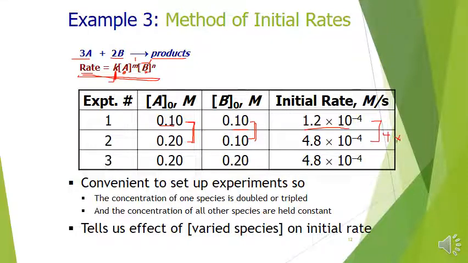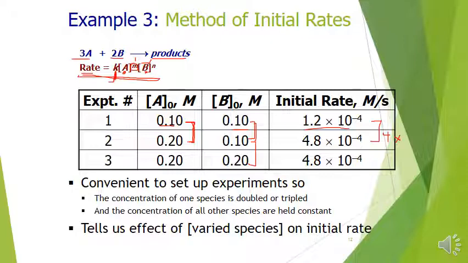This is the way to figure out A's exponent. Now to figure out B's, we do the same thing with A. We hold A constant, and then we change B, and look at what happens to the rate. In this case, notice that if you change B while you held A constant, nothing happens to the rate.